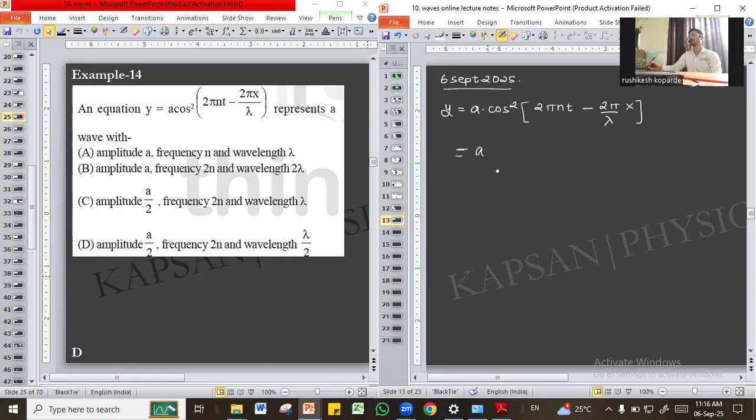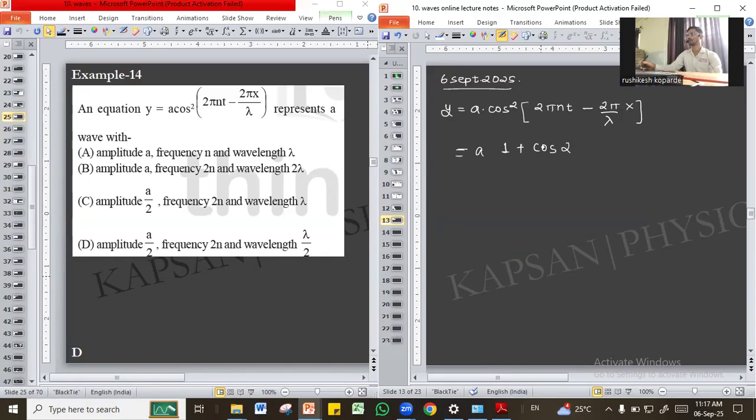So what is the replacement of cos square theta in the language of cos? 1 plus cos 2 theta upon 2.